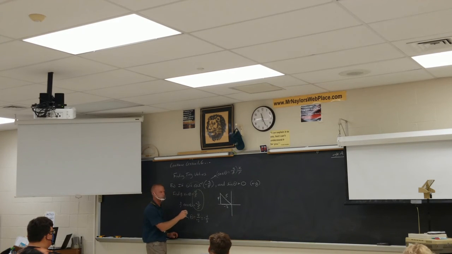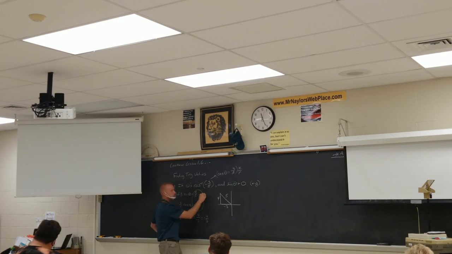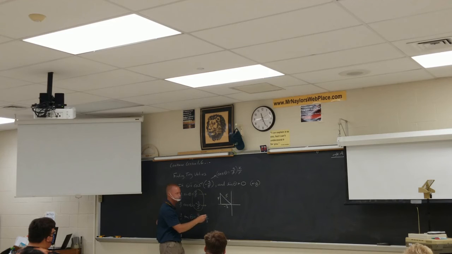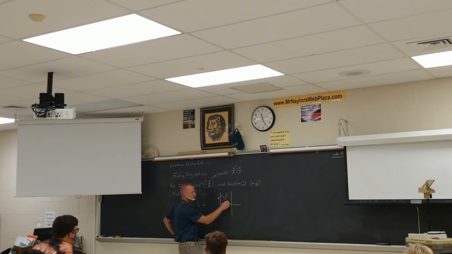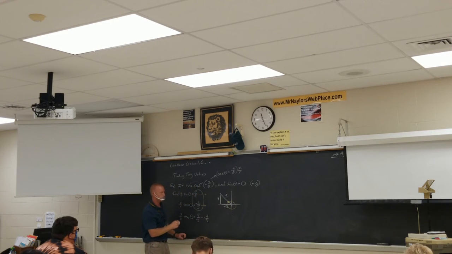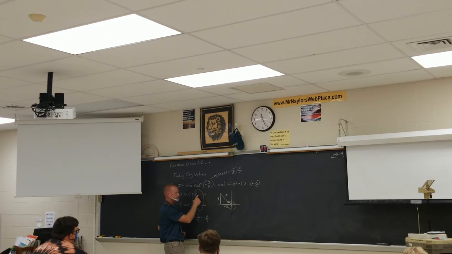But remember that this actually refers to, and this refers to, the ordered pair of this point. Now, this point right here isn't just any old point. It's the point on the beloved unit circle. So that point technically is this x and this y. In other words, -3/5, 4/5.